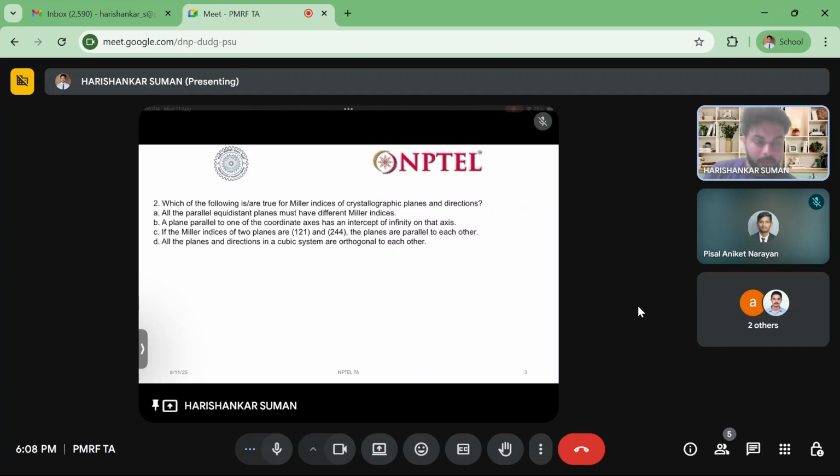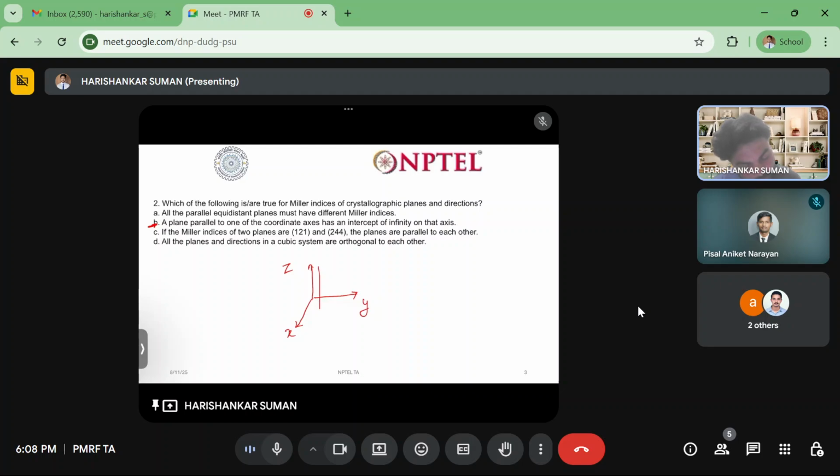Let me explain option B first. A plane parallel to one of the coordinate axes has an intercept at infinity on that axis. Let's say the x, y, and z axes.